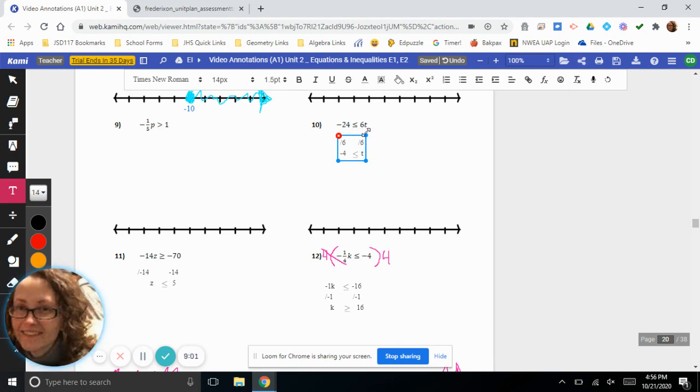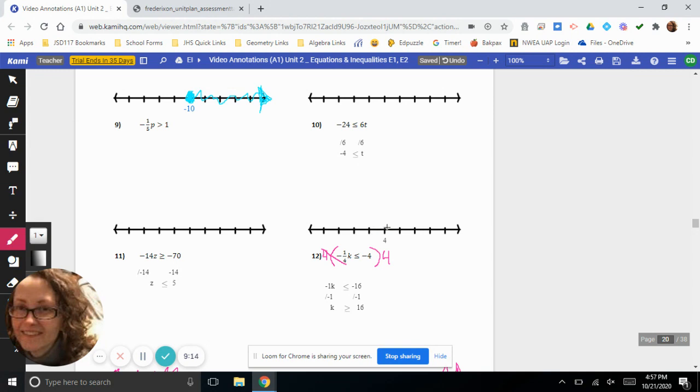Not too bad. Now I have to graph my critical number. And again, because I have the line underneath, this is going to be a filled in circle. If I was missing that equal sign underneath here, I would have an open circle.